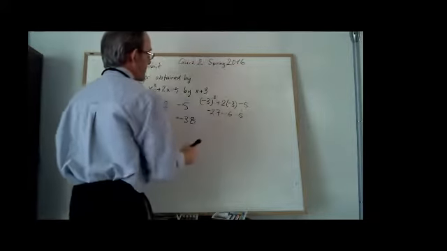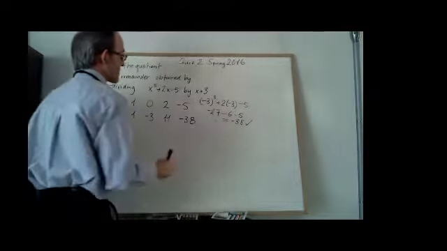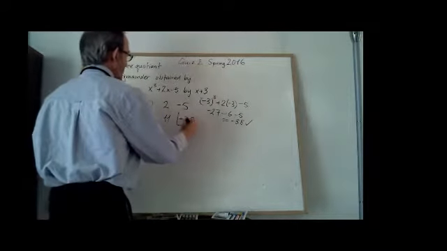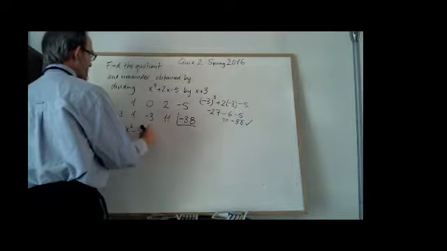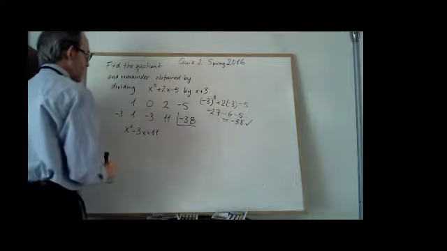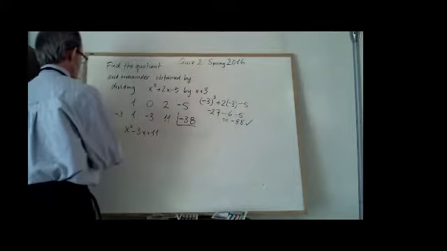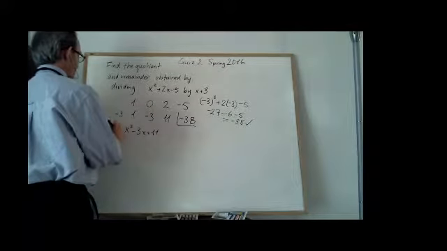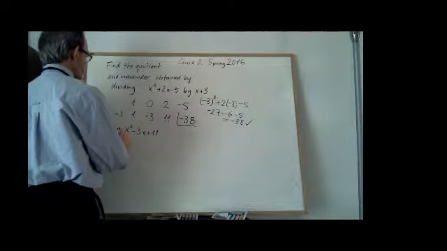So that's 27 minus 11 is minus 38, so that checks. Okay, so this is our remainder. So we get x squared minus 3x plus 11, and the remainder is minus 38.